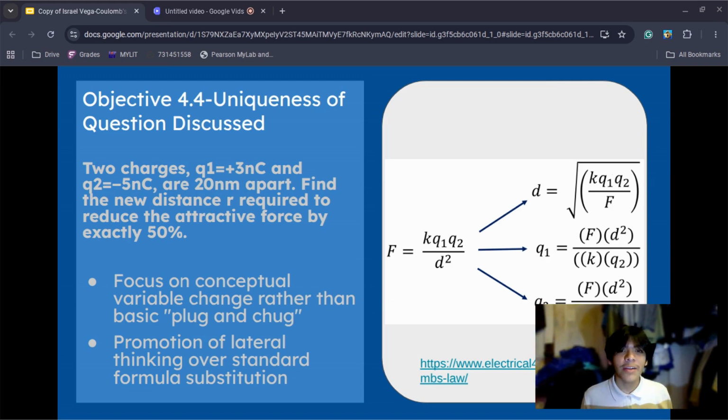So for problems like this, you have to analyze how decreasing the attractive force changes the distance in a given change.